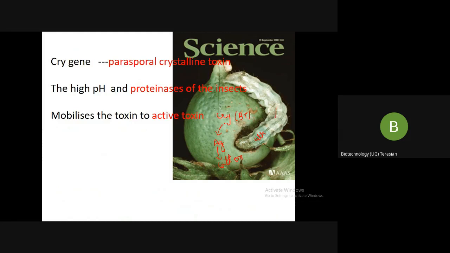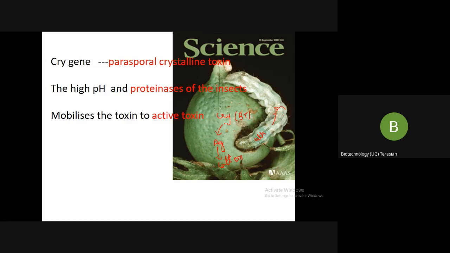The gut wall of this insect will break down, allowing the spores and normal gut bacteria to enter into the body. The toxins and other bacteria will enter into the insect. The insect dies as the spores and the gut bacteria proliferate in the body. This is how it is bringing about the death of the insect.